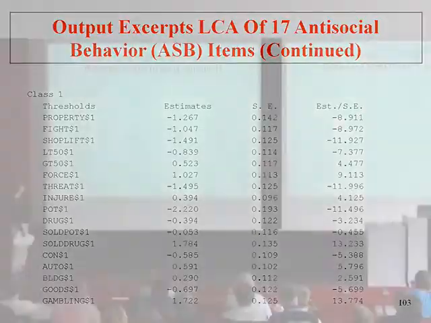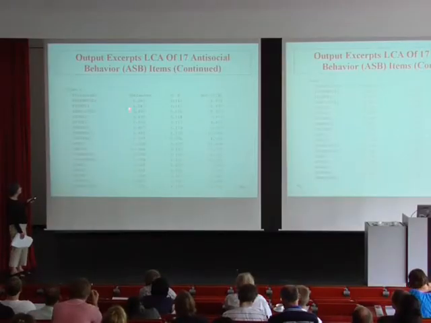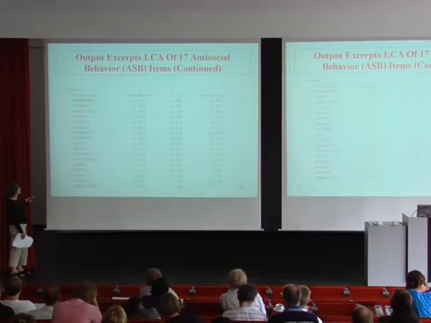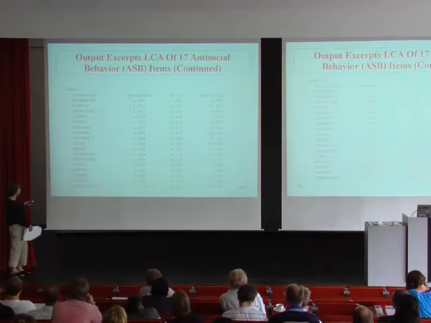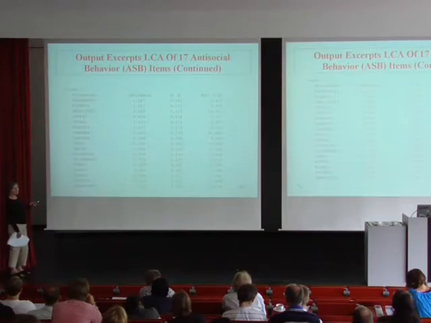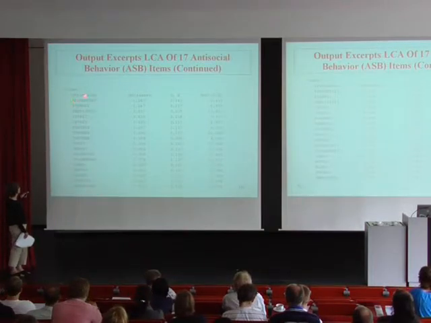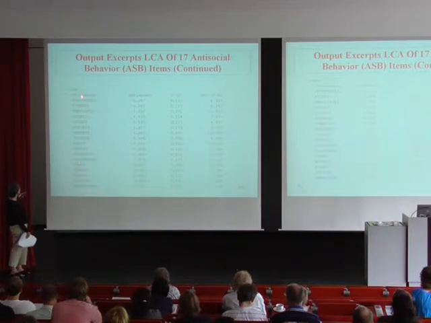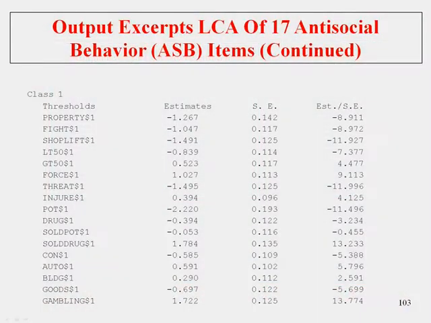We give you the logits, or the thresholds, and if they're very low, then you have the high probabilities. We also give it to you in probability. So for class 1, the high class, here are all of the variables, property through gambling, and you can see that we have the low thresholds, the high probabilities, and that's what we said about this class. They had high probabilities on everything.